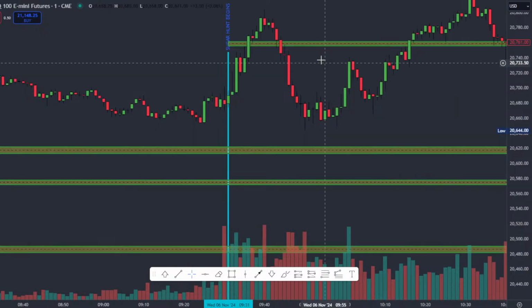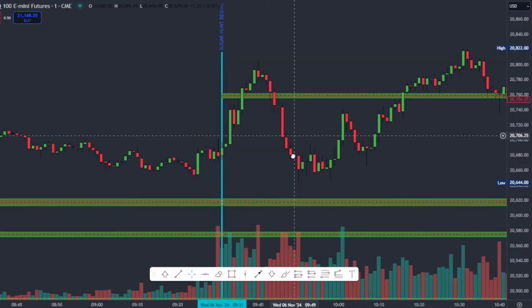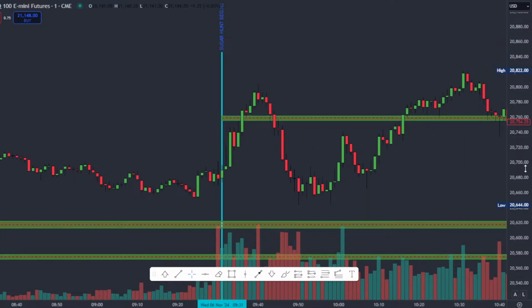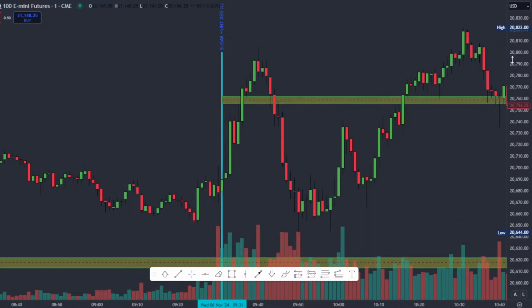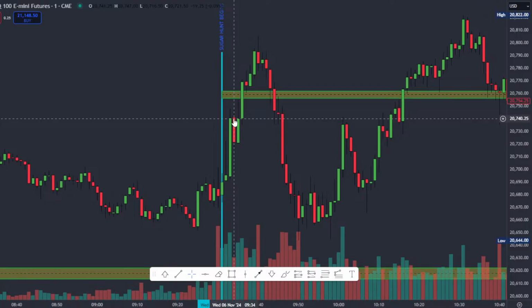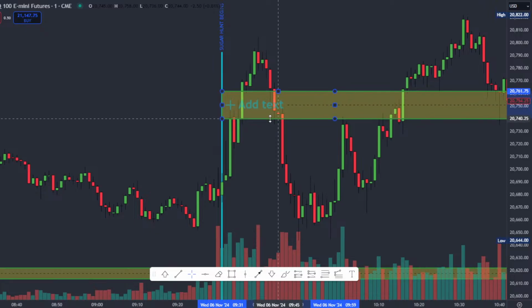Let's see if there's a space between these bars right here, which you can see there's a little space where the wick is overlapping. That means you ignore this wick and you bring it down to the body of the candle.